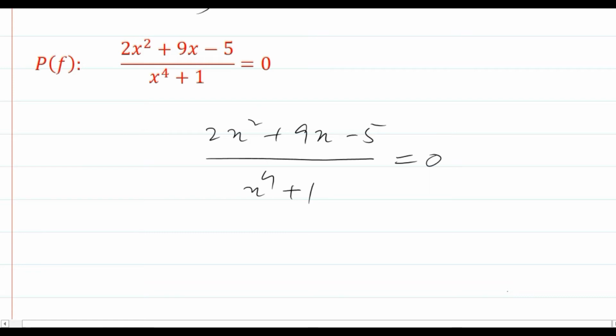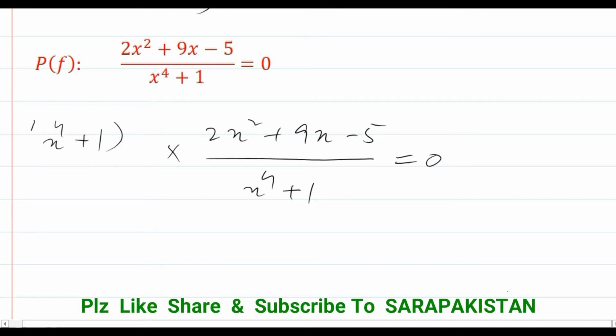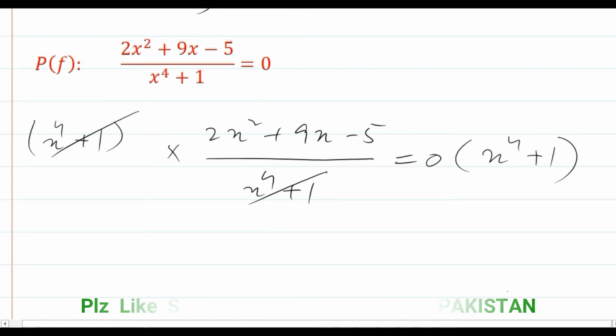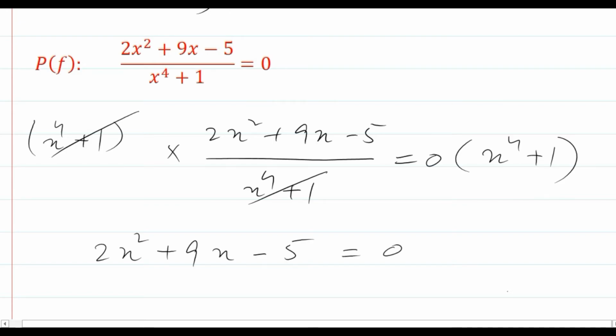Multiply it with x power 4 plus 1 on both sides, and this will cancel away and you are left with 2x square plus 9x minus 5 equal to 0.